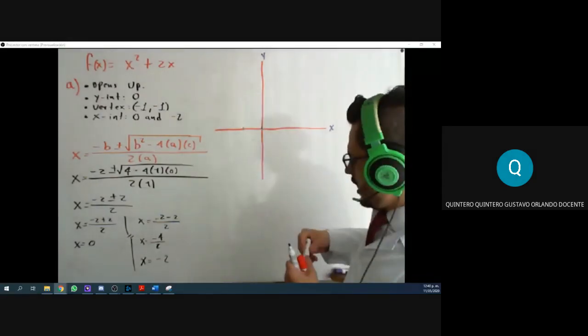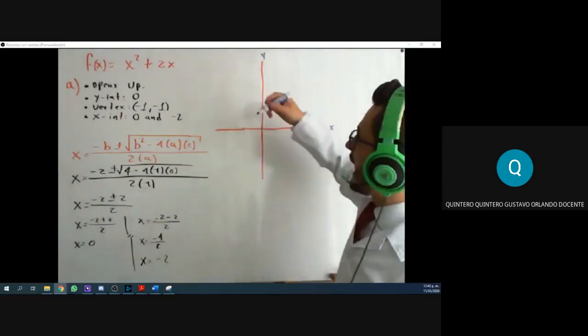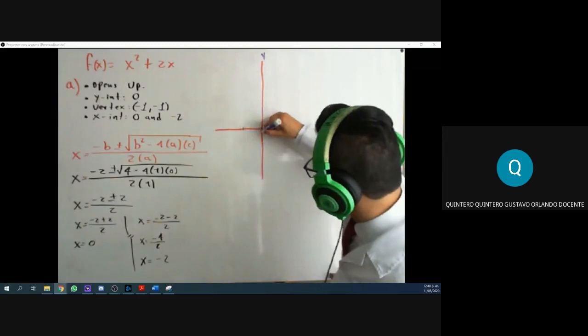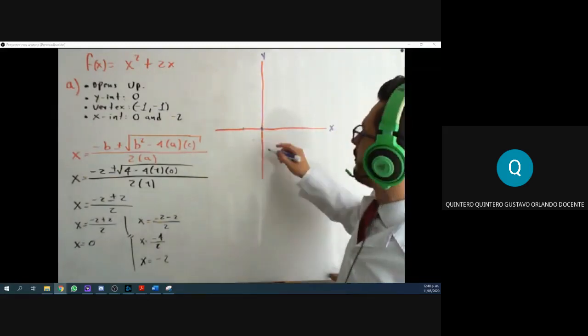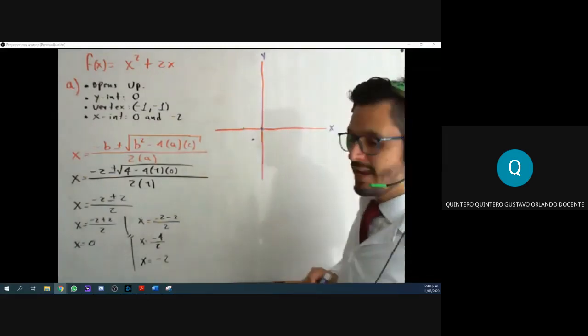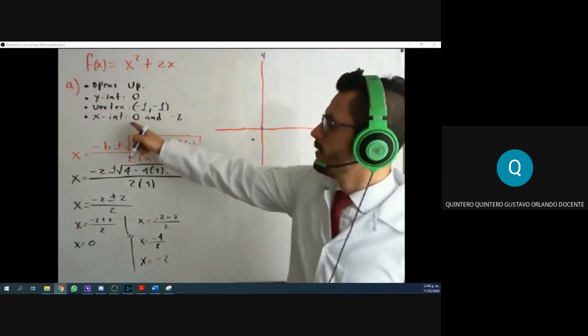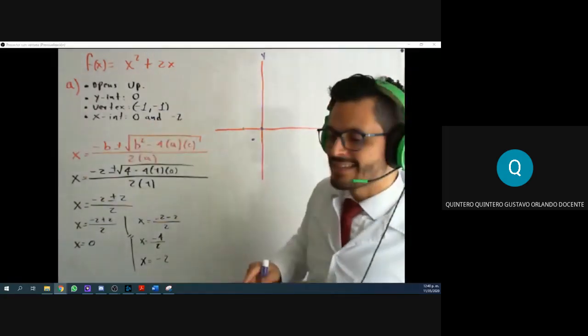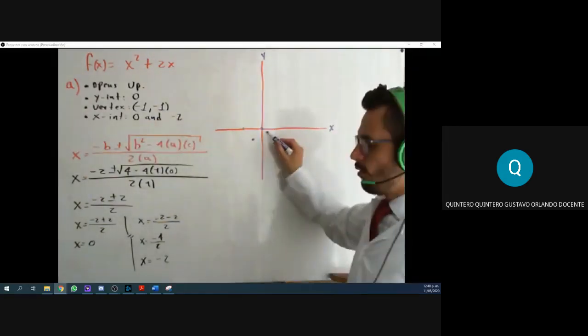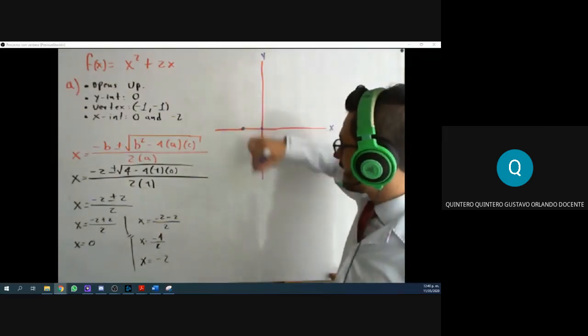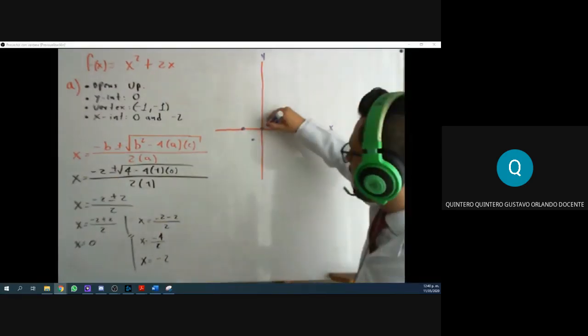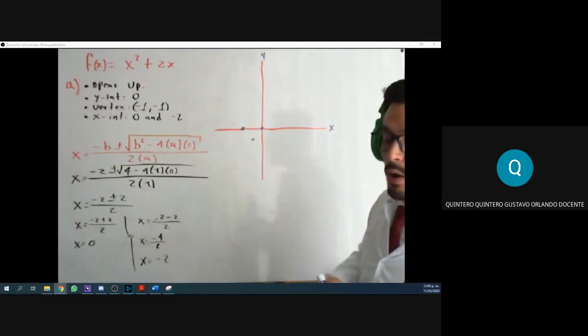So again, we knew we have a y-intercept in here, right? We have a vertex at negative 1, negative 1. We also know it has two x-intercepts, 0 and negative 2, so exactly here. And now we can make a better estimation of our function.